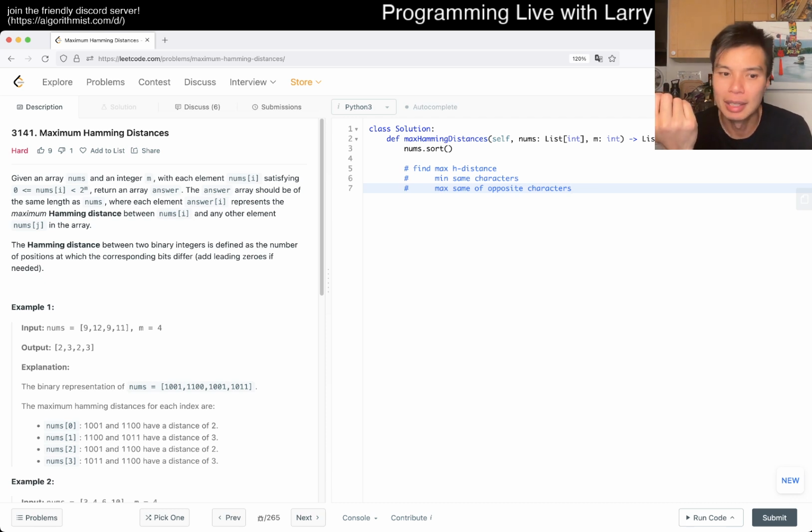Hamming distance, because for a binary number, and this idea of Hamming distance, you can think about a binary number as an n-dimension, or in this case m, n-dimension hypercube.